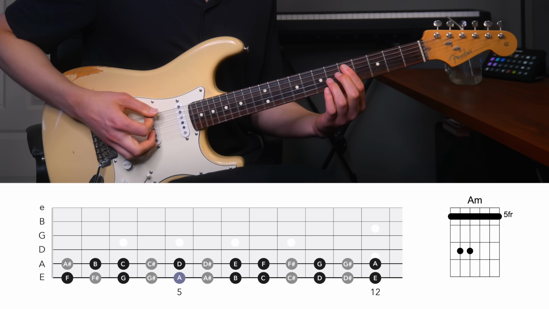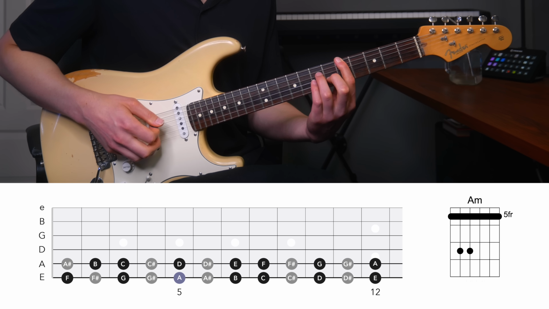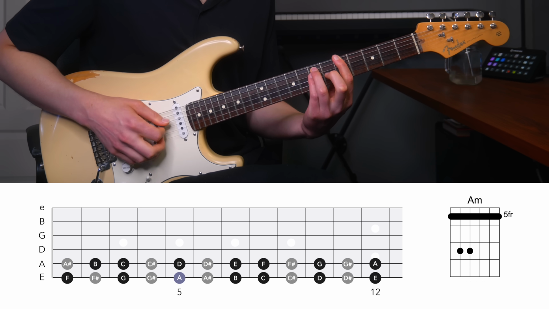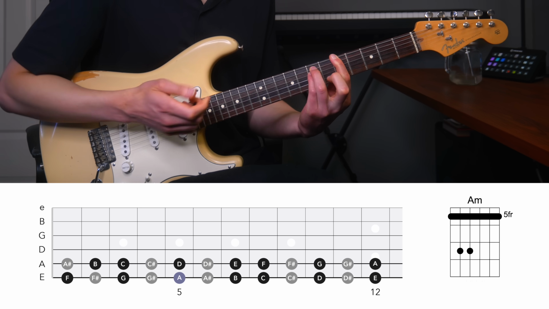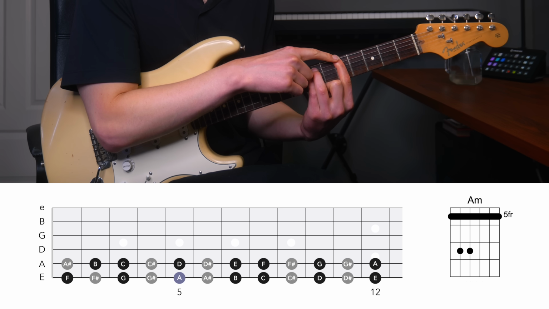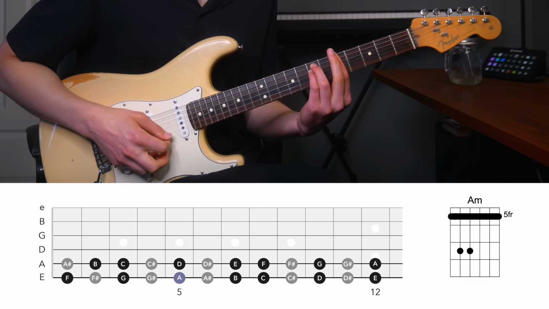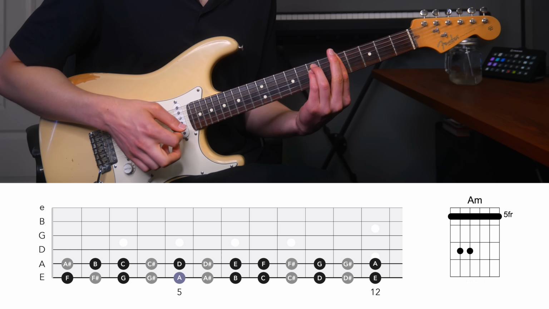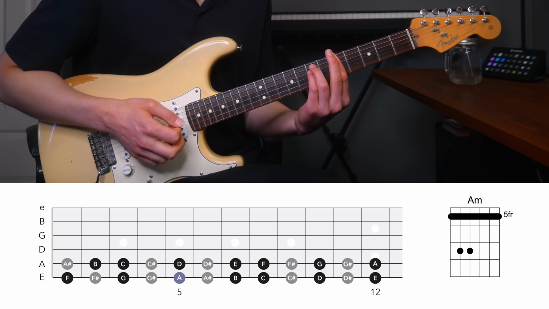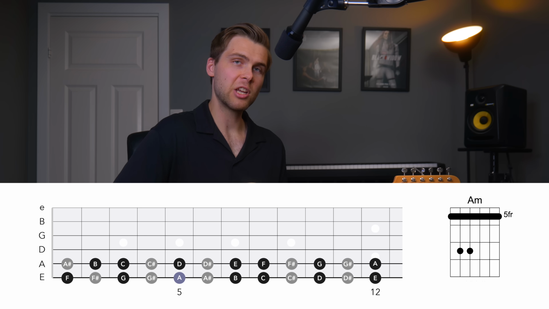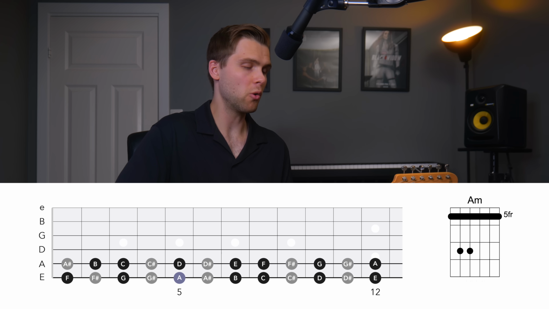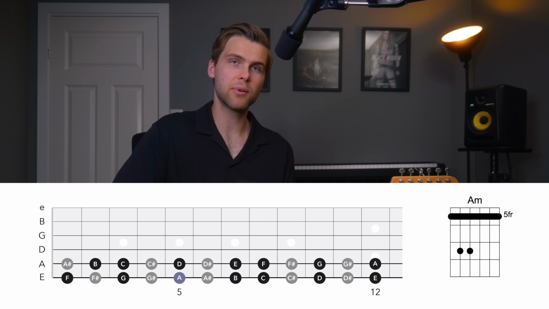So from the low E string, that's going to be 5, 7, 7. Then use your finger as a bar on all of the notes on the 5th fret. It's a tricky one, so don't feel like you have to play all the notes. It's totally fine to skip some of them.